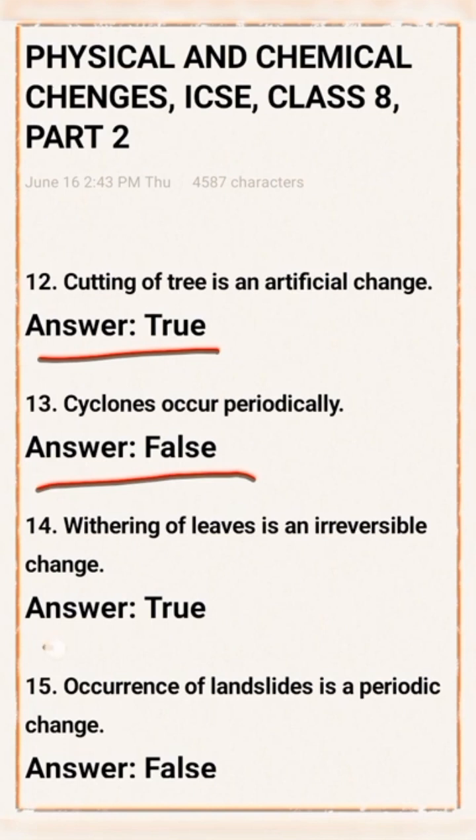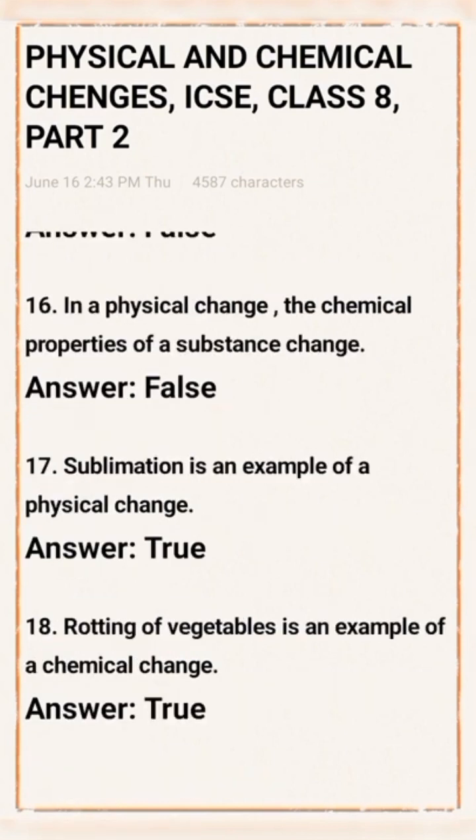This statement is true. Next question, occurrence of landslides is a periodic change. This statement is false. Next question 16. In a physical change, the chemical property of a substance changes. That statement is false.